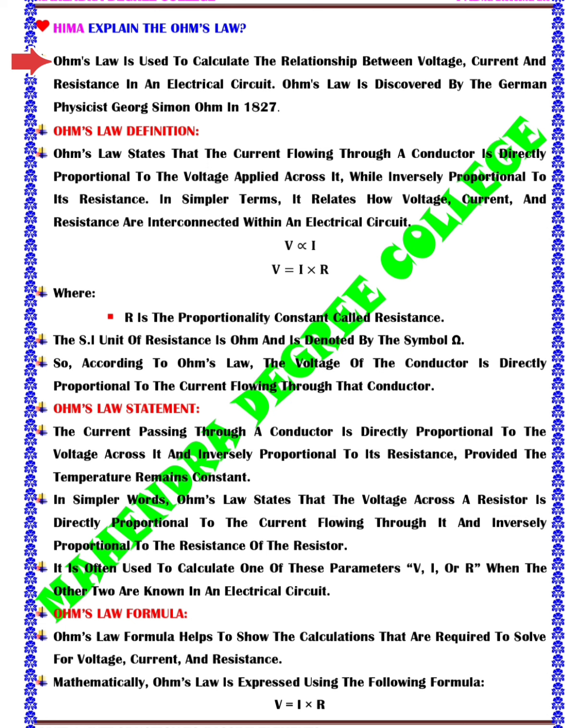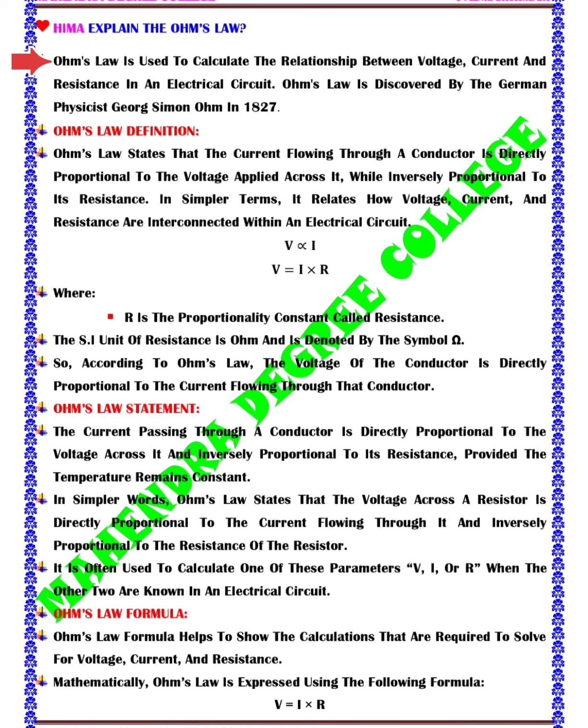We know the definition of voltage V. Voltage is the electrical potential difference, or push, that causes electrons to move. Next, we know the definition of current I. Current is the rate of flow of electric charge, measured in amperes.